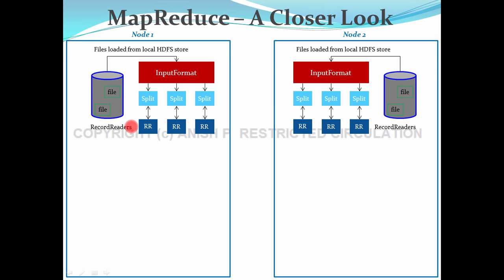Again, repeating the definition: record reader loads the data from its source and converts it into key value pairs. My record reader is defined by input format only. With each and every input format, if you have written your own input format, say XYZ, that input format will have its own record reader.